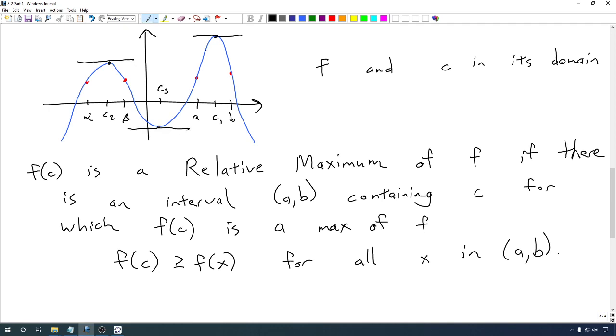If we're looking at any point that had, say, a positive derivative, a positive slope of its tangent line, our function is increasing there. So it's not going to be at a maximum or a minimum, because there's going to be points before that point that were smaller, and points after it that are bigger. Same thing if our derivative was negative. We'd be decreasing.